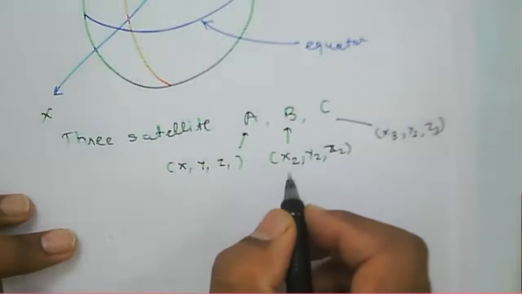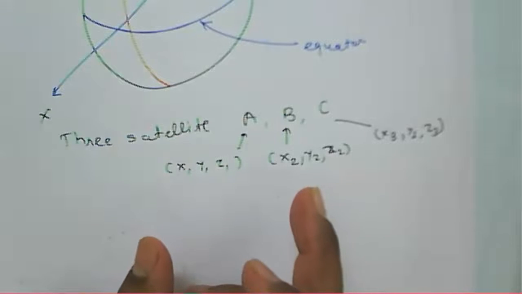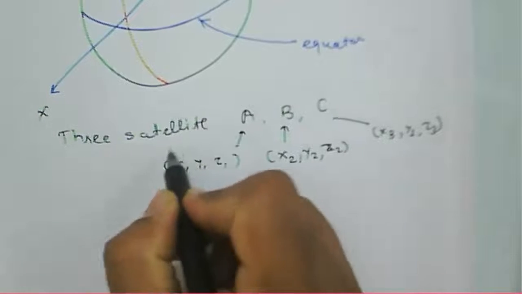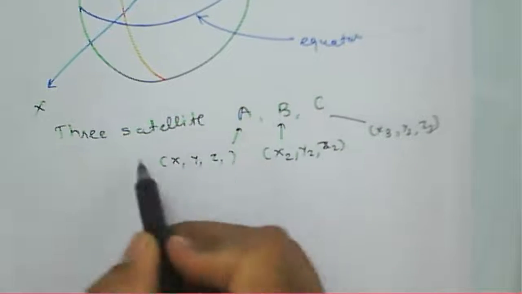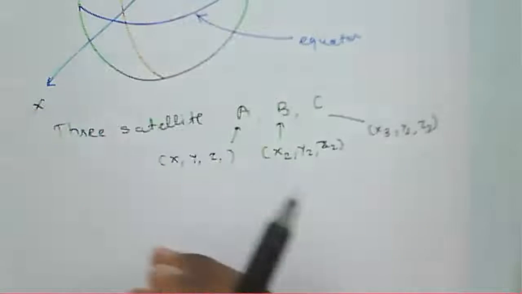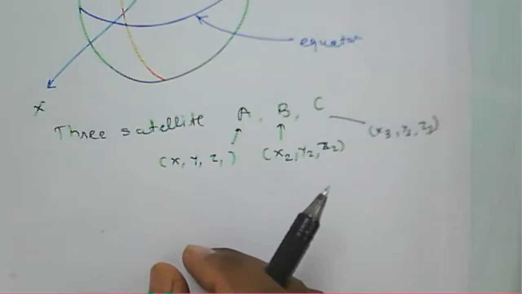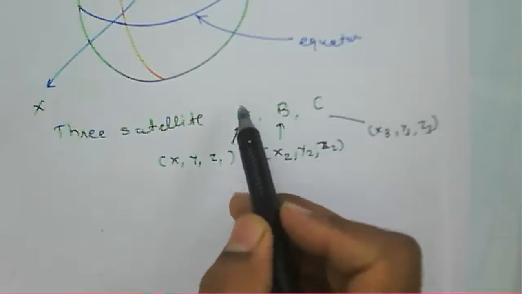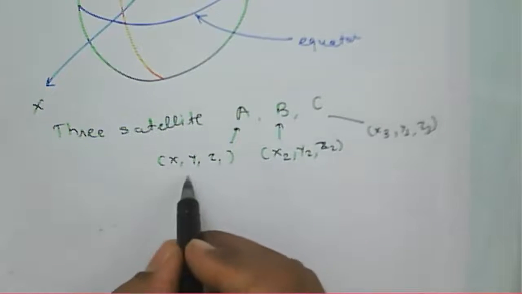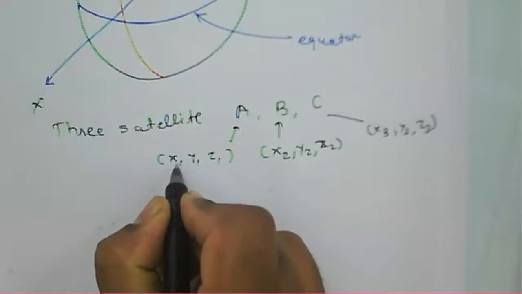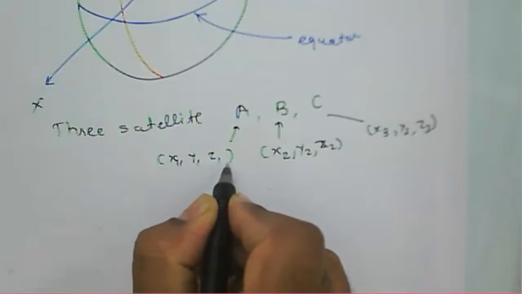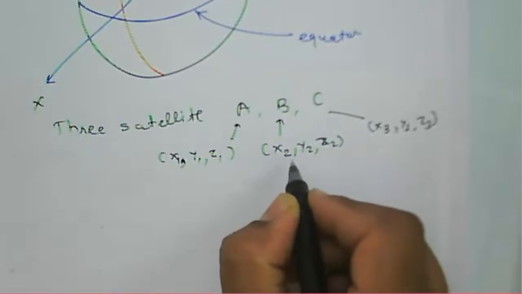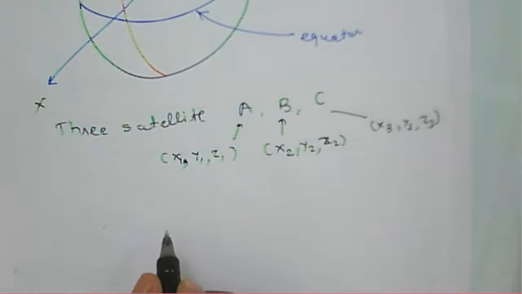That is about the positions of these satellites. We said these were transmitters, but instead we say these are three satellites. The positions of these three satellites can be described by the ECEF coordinate system, that is, x1, y1, z1, similarly x2, y2, z2, x3, y3, and z3.